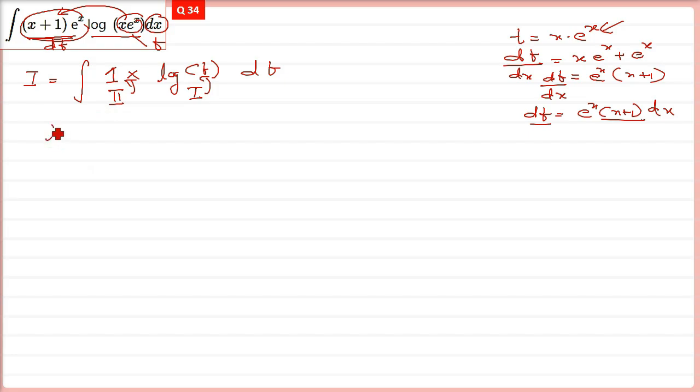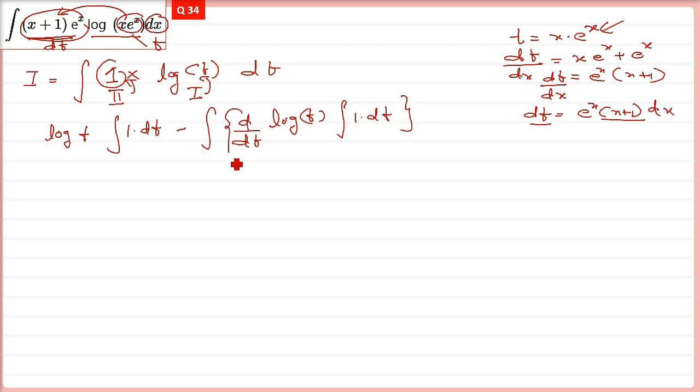When we apply the formula, log will be coming first, log t, integration of this 1 which is 1 dot dt, minus integration of differentiation of this log t will be done. And log t differentiation is simply 1 by t, you already know that. And then the integration of 1 dot dt, and once this is done, all the result will be integrated again with respect to dt.